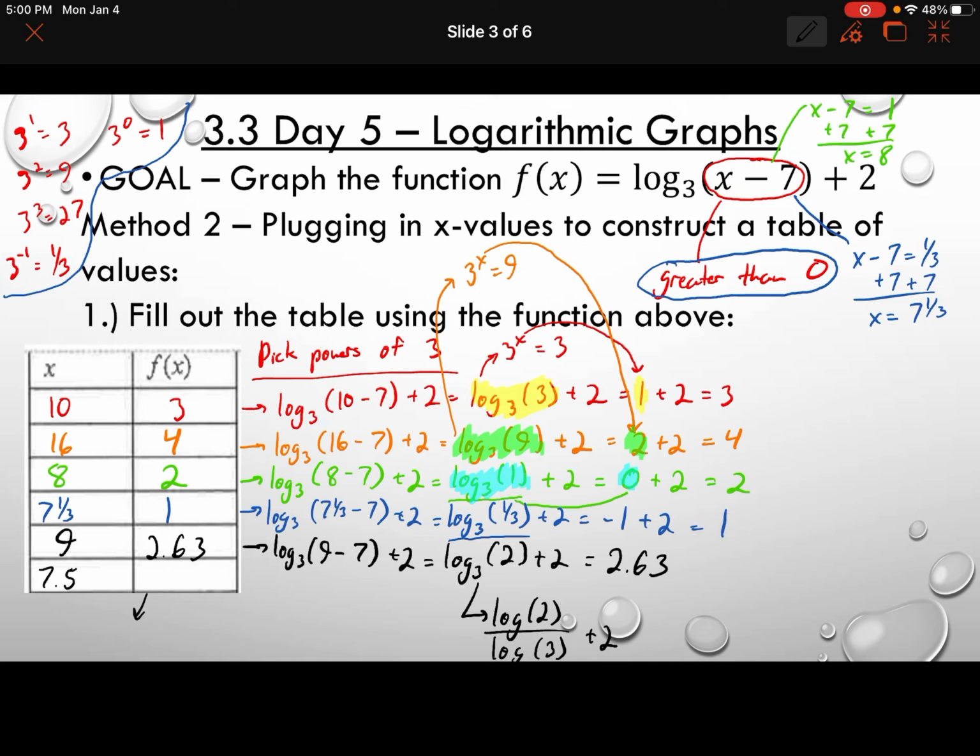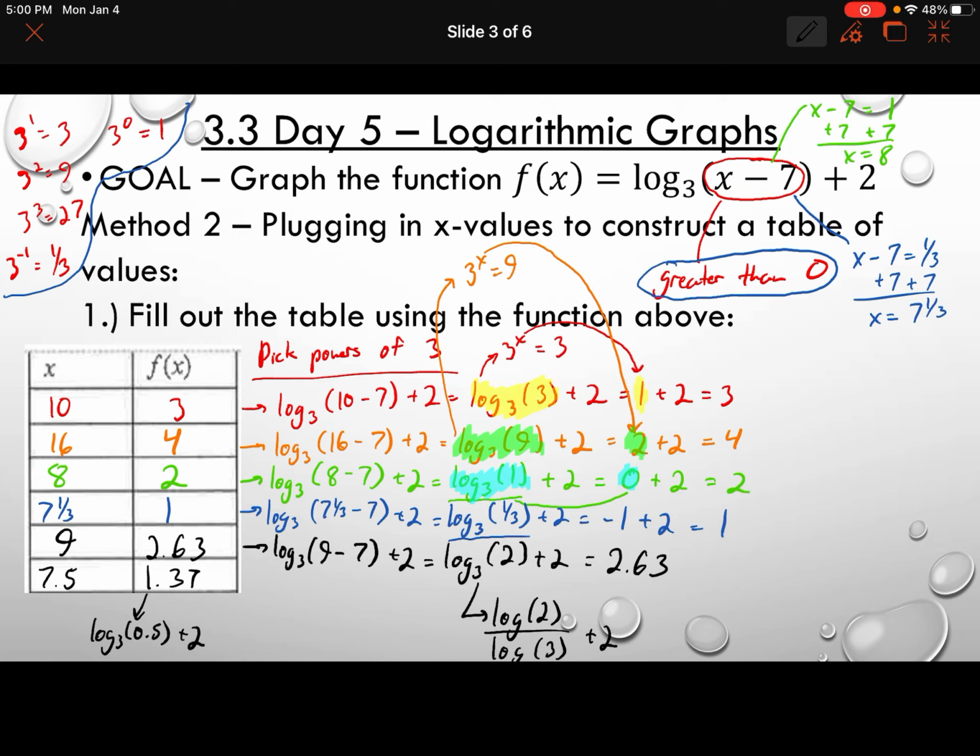So that is log base 3 of 0.5 plus 2. That gives me 1.37.